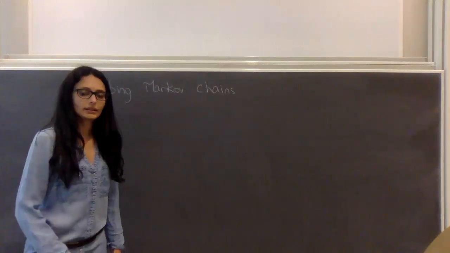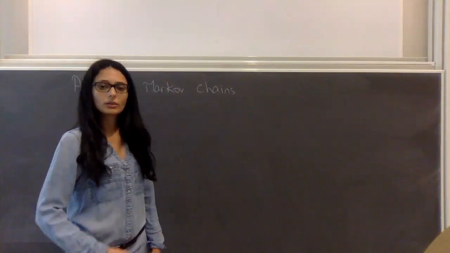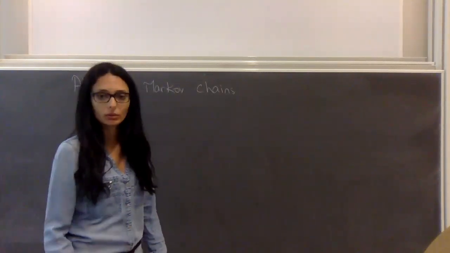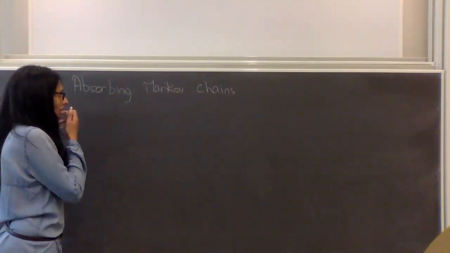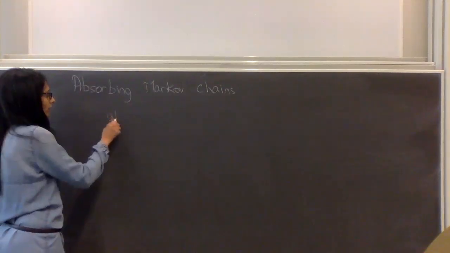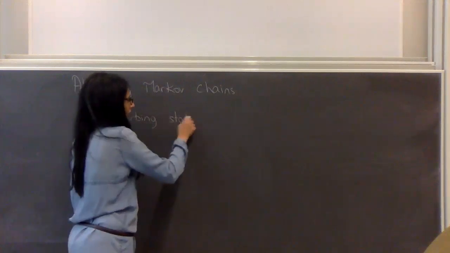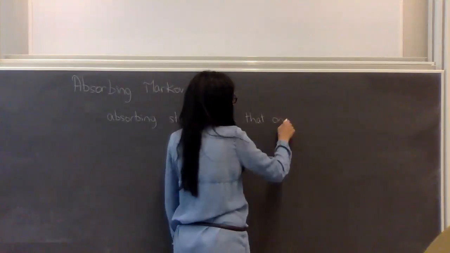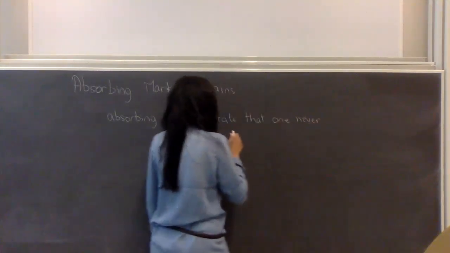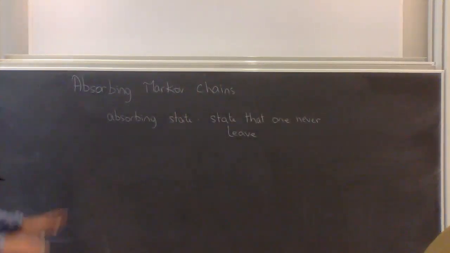An absorbing state is a state that, once you get into it, you will not be able to leave. So the probability of staying in this state is equal to 1. An absorbing state is a state that one can never leave, like when someone dies.